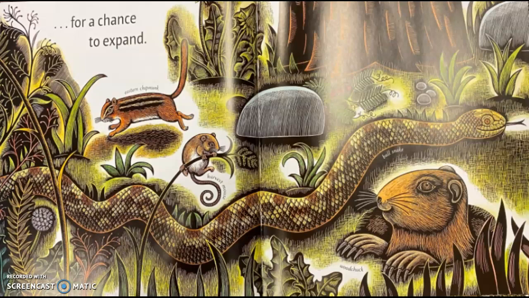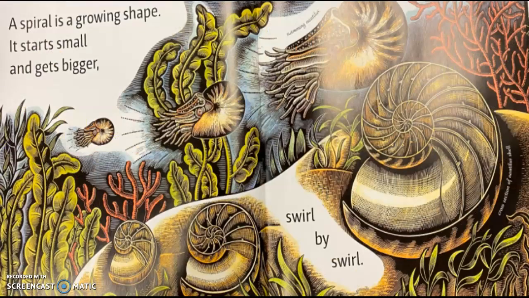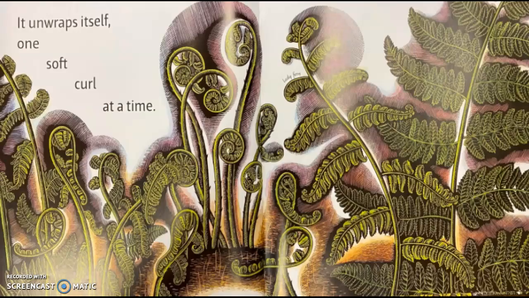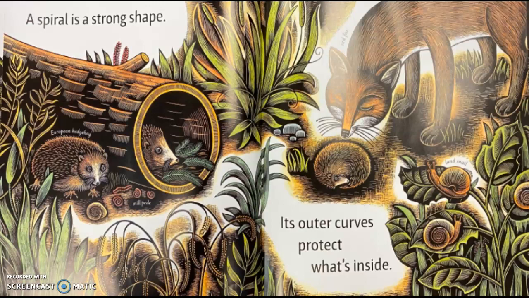For a chance to expand, a spiral is a growing shape. It starts small and gets bigger. Swirl by swirl. It unwraps itself one soft curl at a time. A spiral is a strong shape.